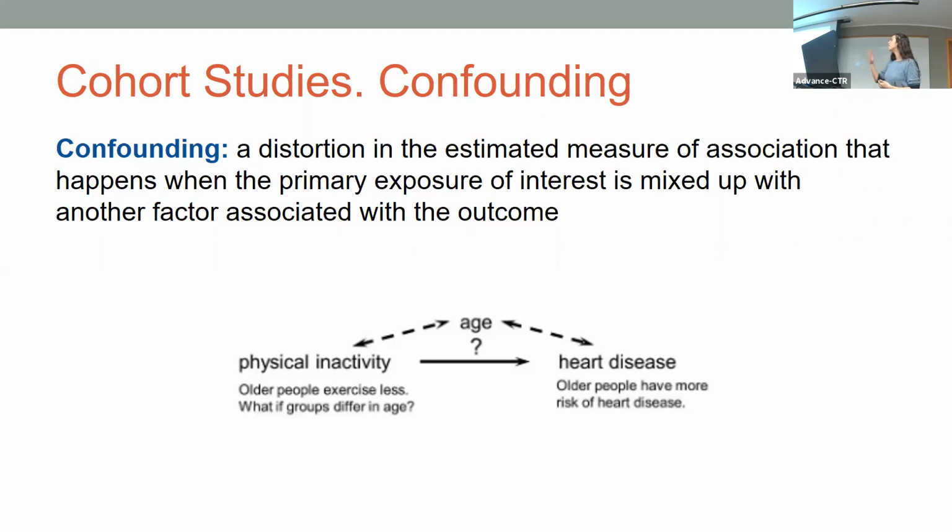In this case, that third variable is age, because a confounder, this is a little bit more epidemiological, needs to be related both to the exposure and to the outcome. And since age is related to both physical inactivity and to the outcome, which is heart disease, here it would be classified as a confounder.